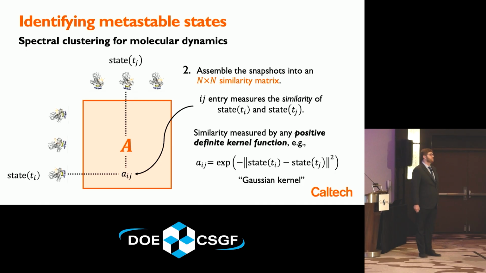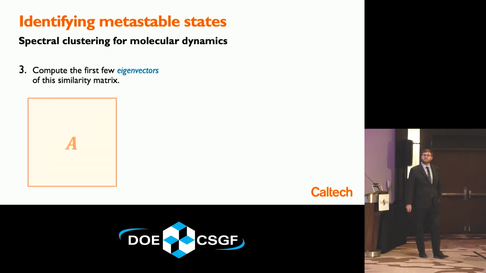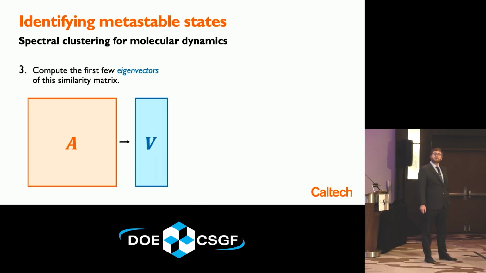All right? So yeah, you take your data set of size n, you blow it up to this n by n similarity matrix. And to actually get the metastable configurations, you start off by computing the first few eigenvectors of the similarity matrix. So we have this big n by n matrix, and we now compute from it a much thinner matrix, V, consisting of the eigenvectors of A. And we'll remember that every row of this matrix corresponds to one of our snapshots, to one of our states.